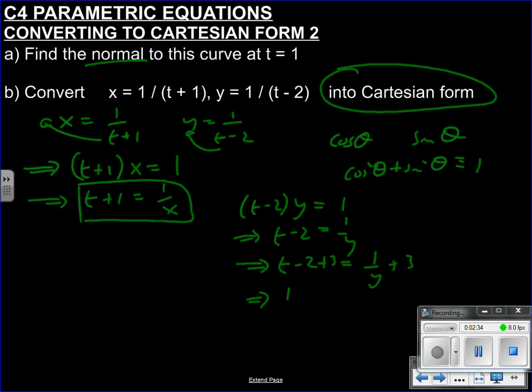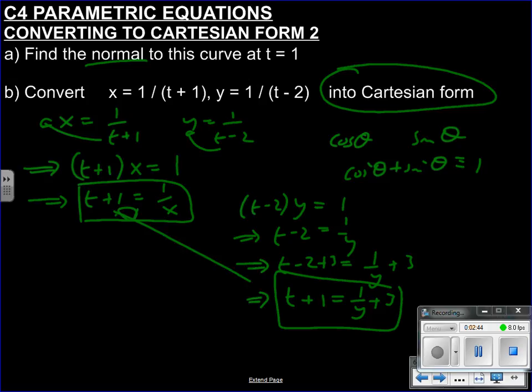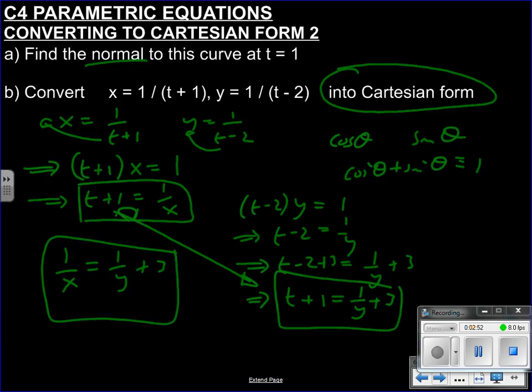Well, because that way I get t plus 1 is 1 over y plus 3. But aha, t plus 1 also equals 1 over x. So therefore 1 over x is 1 over y plus 3. And I've made it into Cartesian form. Do you see? Made it into Cartesian form.